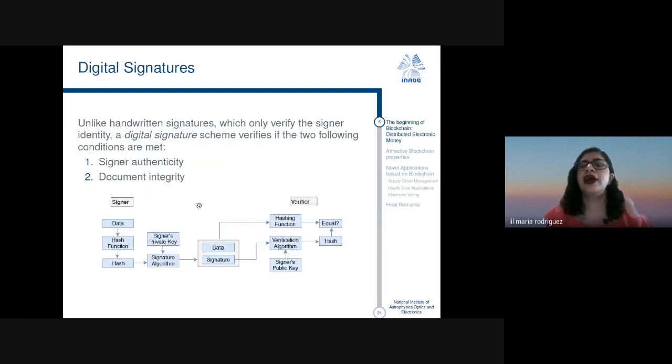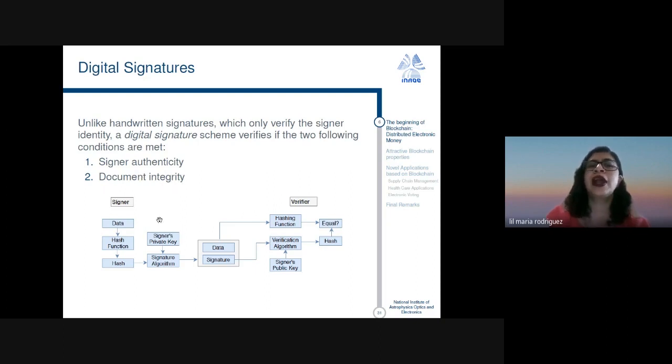And then the other primitive that we have to consider is digital signatures. So using hash functions, we can build these nice schemes, and these schemes try to verify two conditions that are very important. One is the signer authenticity, and the second one is the document integrity.